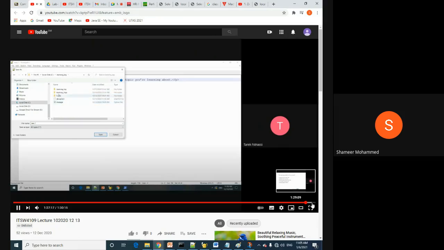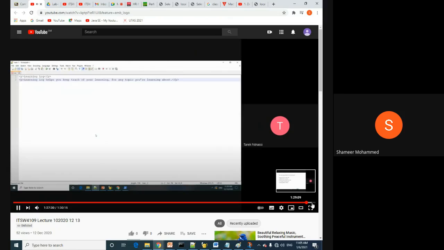In that templates, there are learning logs, some HTML files, index.xhtml. So this is the HTML page.